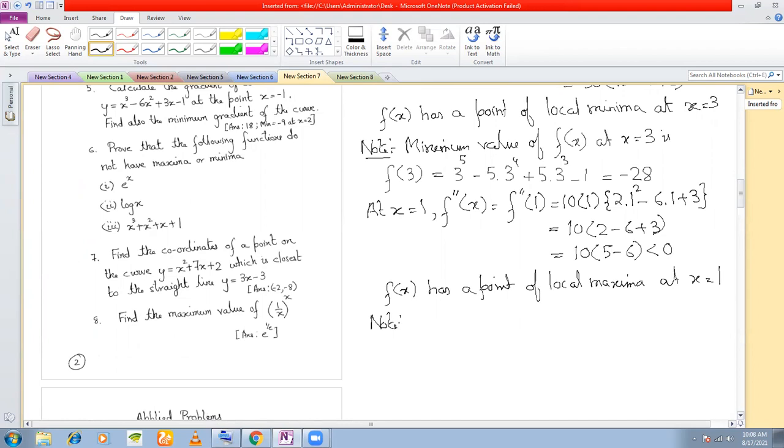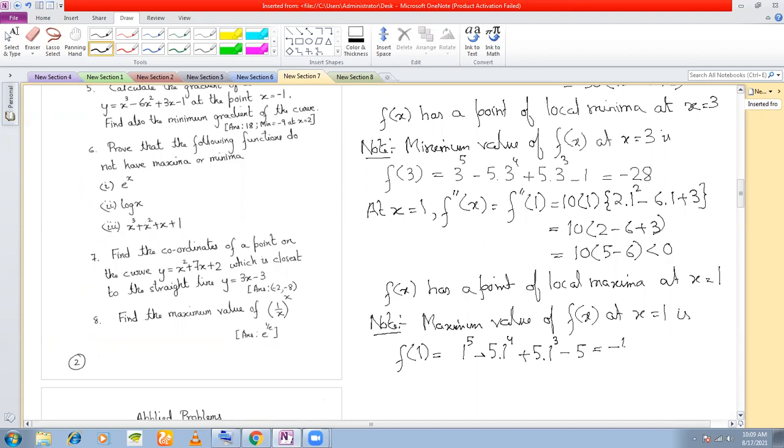And we can find out the maximum value. Maximum value of f(x) at x is equal to 1 is f(1), is equal to, you put the value in the function, 1 to the power of 5 minus 5 into 1 to the power of 4 plus 5 into 1 cube minus 1.